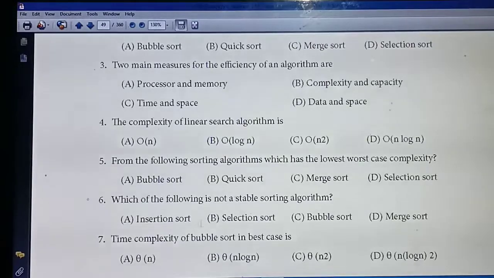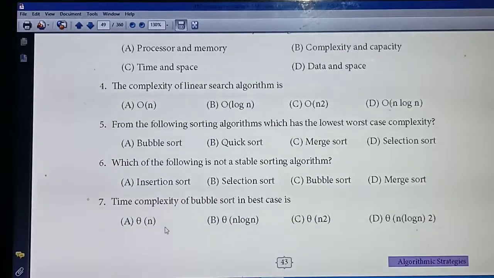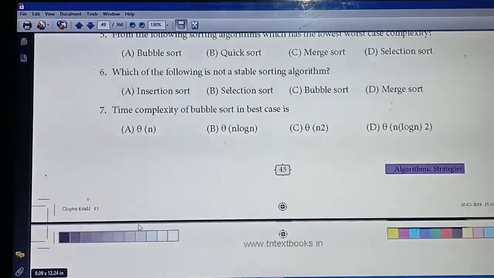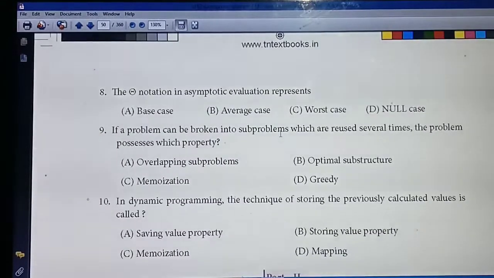Then sixth question answer is option B, selection sort. Seventh question answer is option A, theta of N. Then eighth question answer is option B, average case.